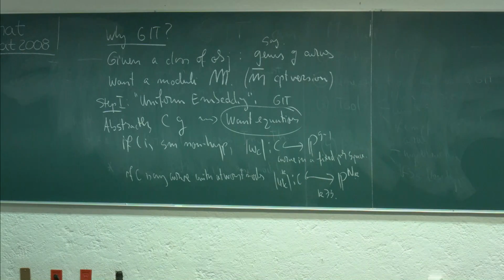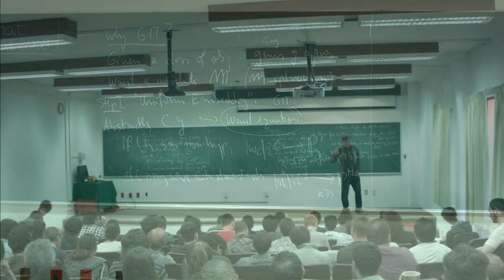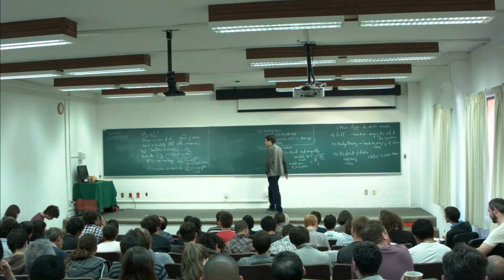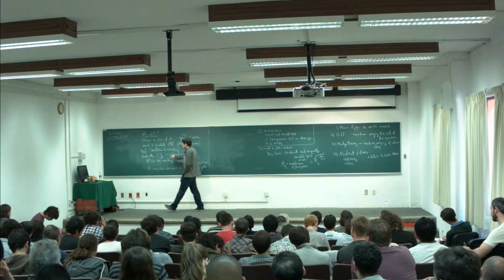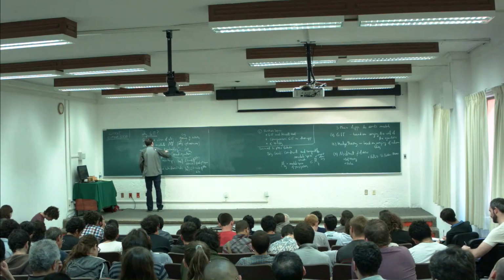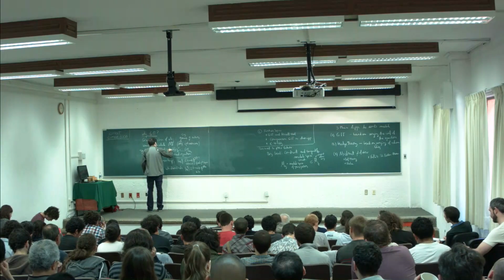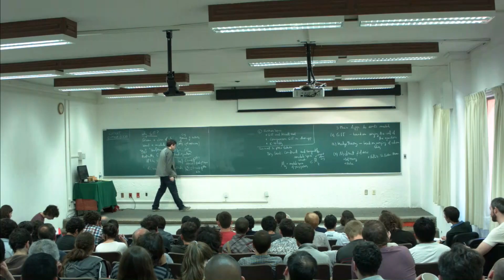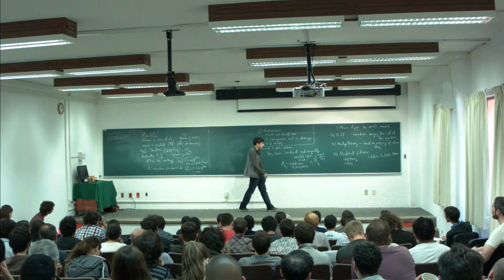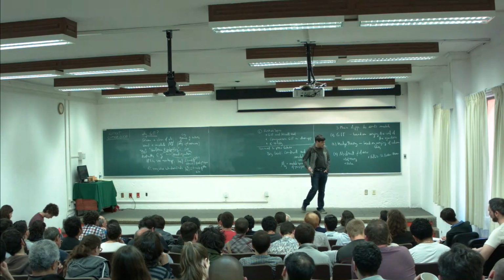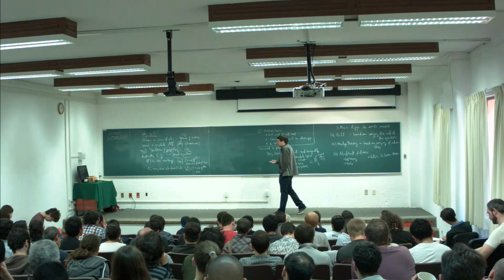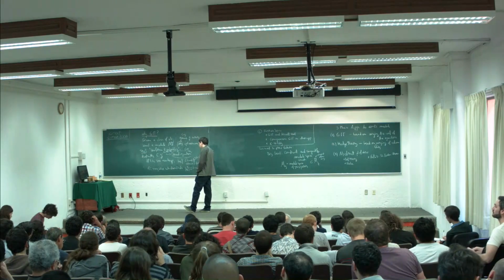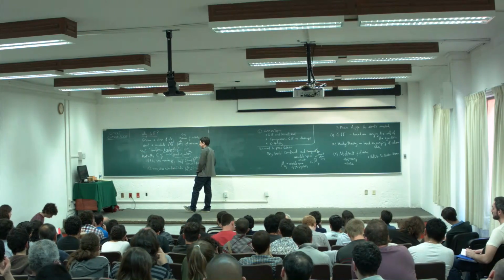So I'm starting with something quite abstract, like a curve. I define it as a smooth one-dimensional complex variety, and I'm saying that it has genus g. Remember, this is just the dimension of H^1(C, O_C). So I'm defining a genus g curve this way, and then it turns out that I can embed it uniformly in a fixed projective space.